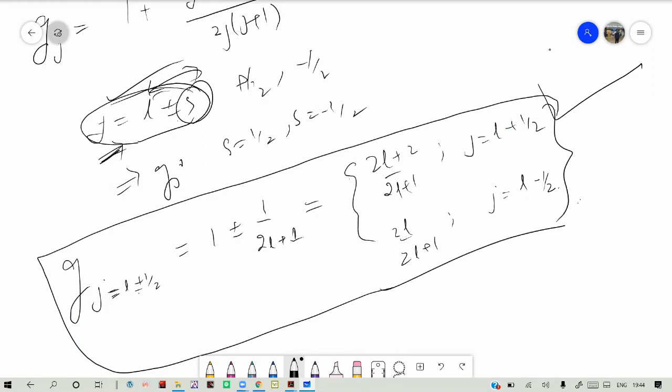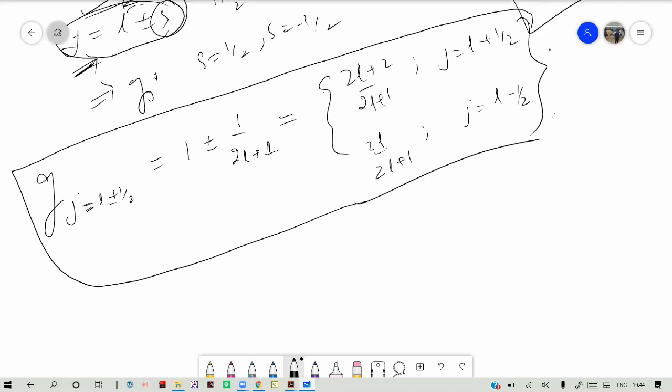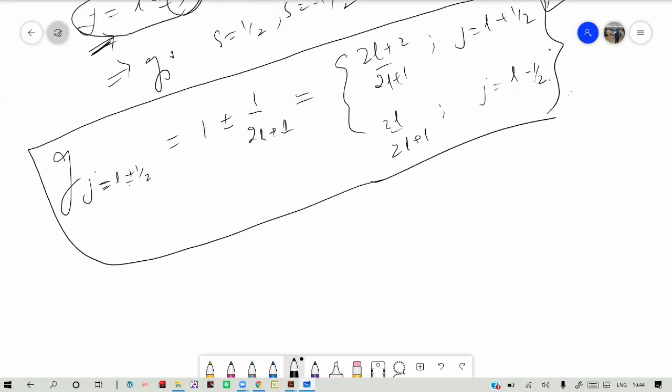So in this case, we see that the external magnetic field splits the energy levels into delta E equal to B mu B GJ MJ.